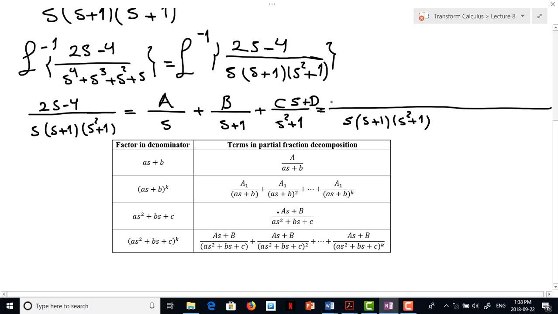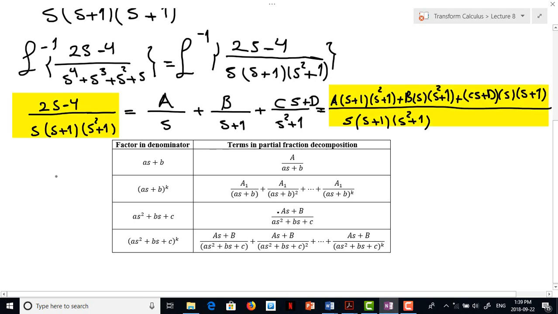In the numerator we have A times (s plus 1) times (s squared plus 1) plus B times s times (s squared plus 1) plus (Cs plus D) times s times (s plus 1).